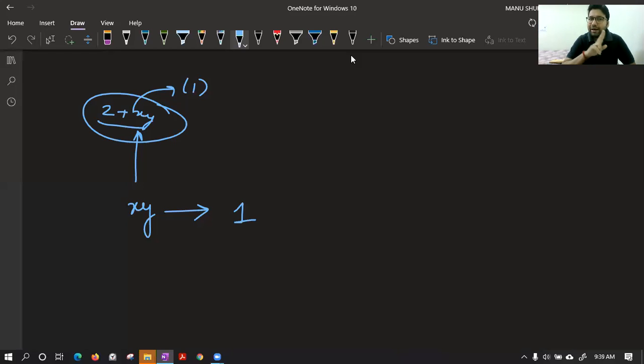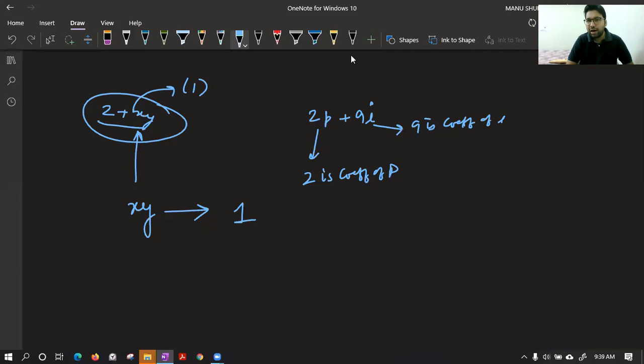There is no relation between these for the coefficient thing. Okay, so if I write 2p plus 9i, then 9 and 2 are coefficients. Yes, we can say 2 is the coefficient of p, and 9 is the coefficient of i.